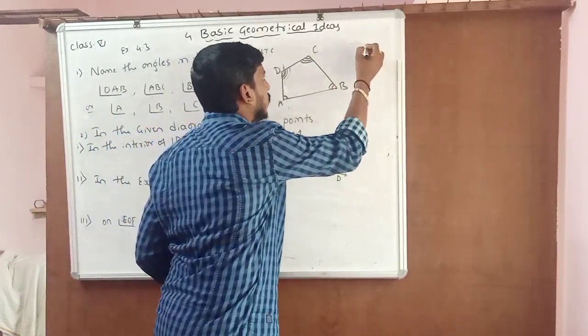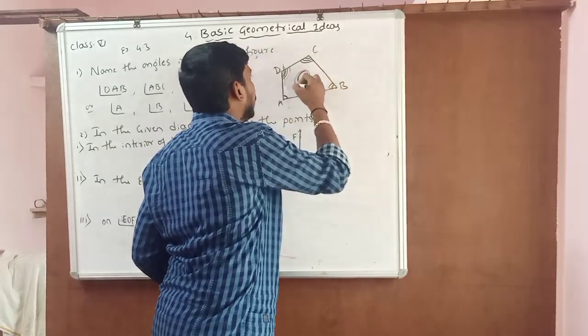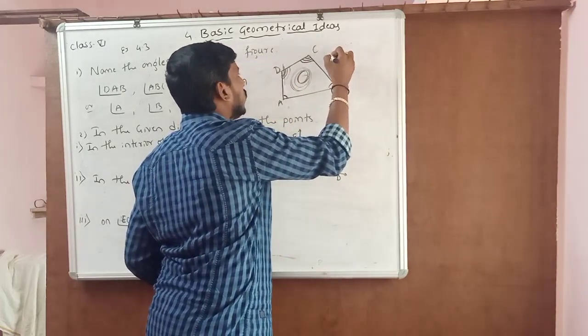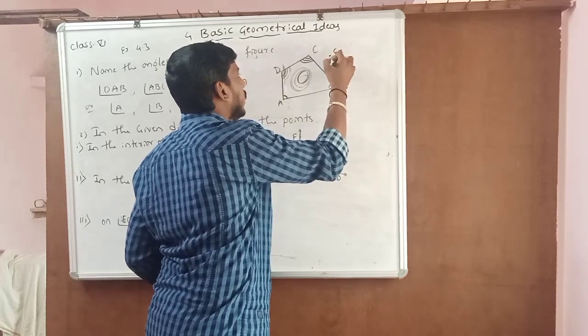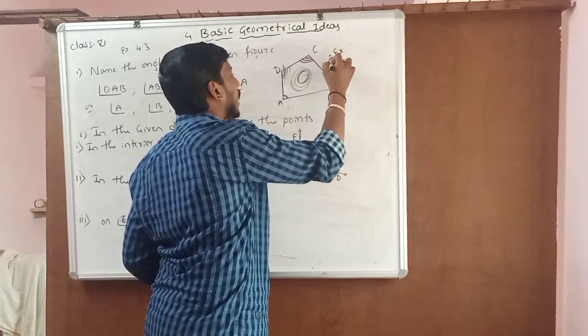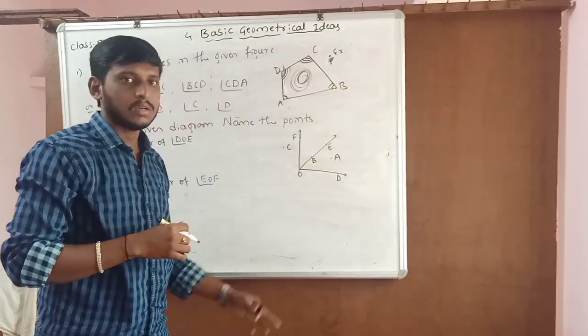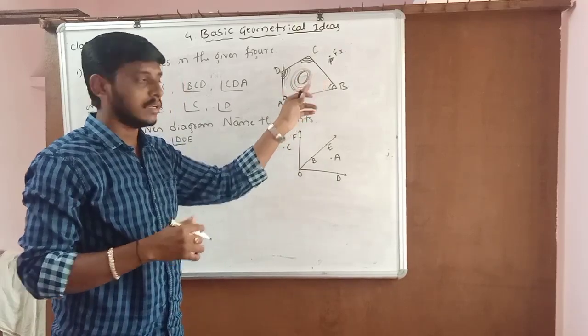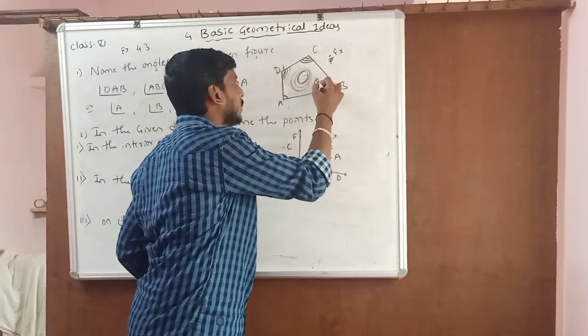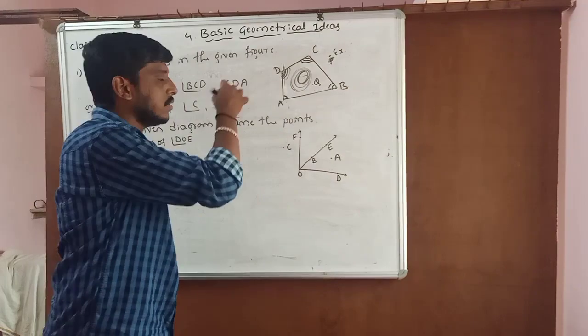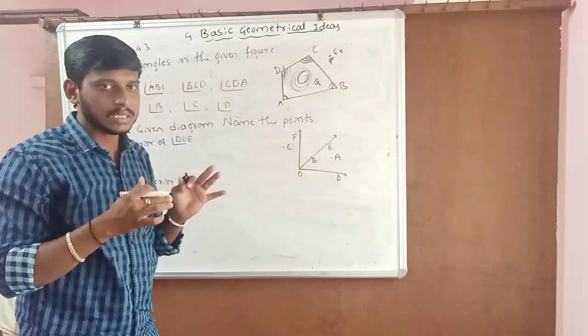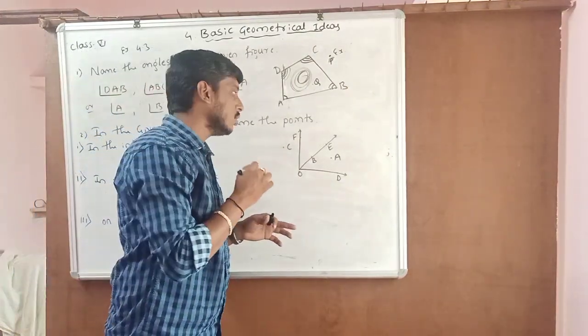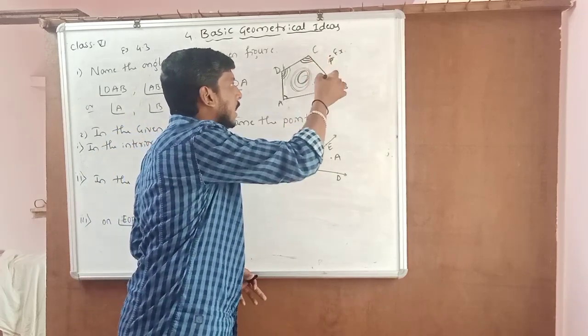For example, this is the interior, and this is the exterior. This point P lies in the exterior of the given figure. This point Q lies in the interior of the given figure. Like that, interior means inside, exterior means outside. On means on the particular line segment.